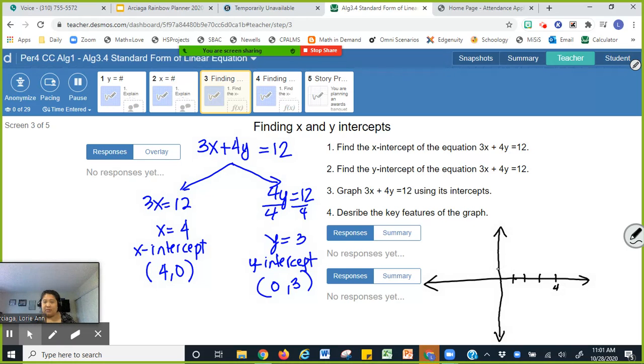The other one is 3. 1, 2, 3. All right. Now let's graph that. When you graph 4, 0, it means you go 4 to the right, 0 up or down, so stay there. When you graph 0, 3, you stay in the middle for 0, and then you go up 3 after.